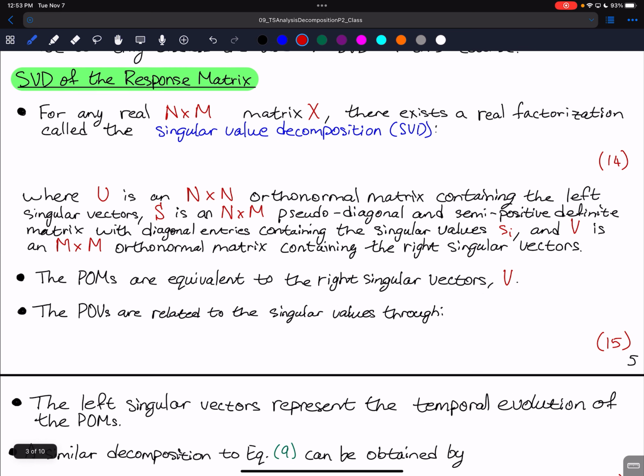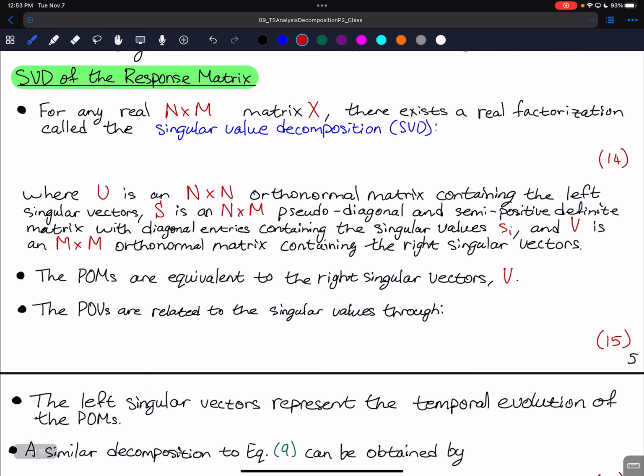Okay, so we're going to consider a real valued n by m matrix, which we'll call big X. For any real n by m matrix, there exists a factorization called the singular value decomposition, or the SVD. This allows us to write big X as being equal to U times big S times V transposed.